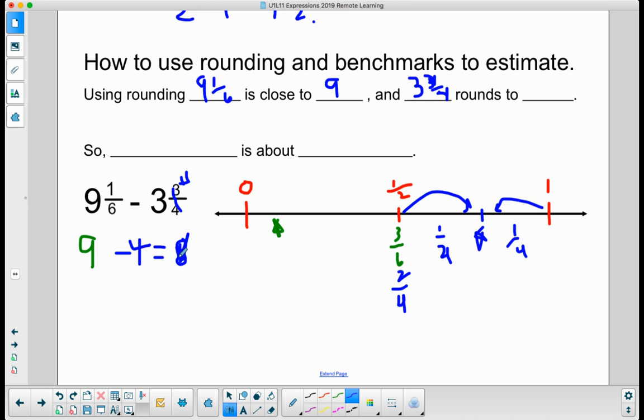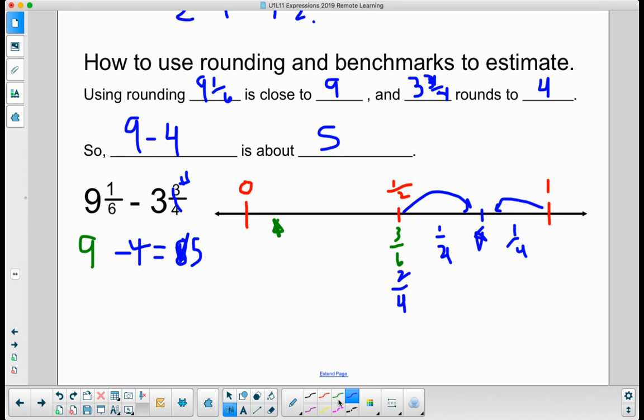So I should have gone 9 subtract 4 is 5. Trying to go quickly here. Sorry about that. That's one of the reasons why we do all this, to make sure we don't make mistakes, and even when we do, we catch them. So 3 3/4 rounds to 4, because the fraction part is close to 1, and 1 more than 3 is 4. So I really have 9 subtract 4 is about 5.